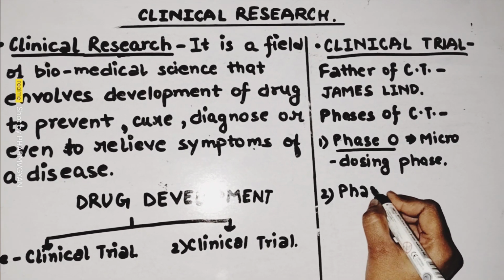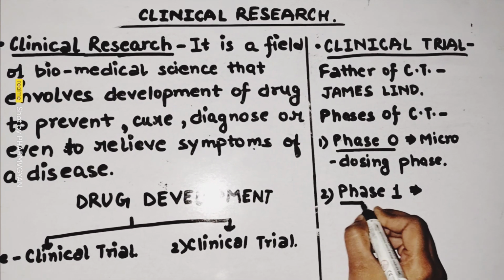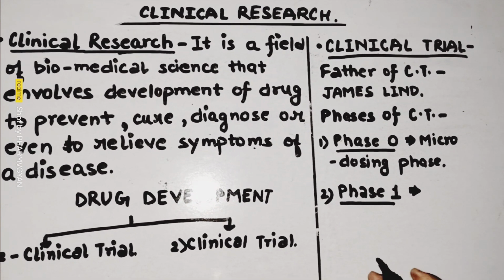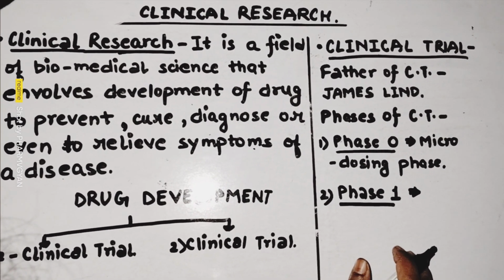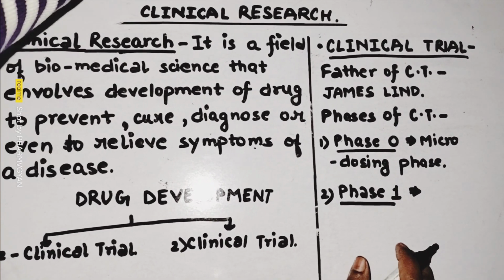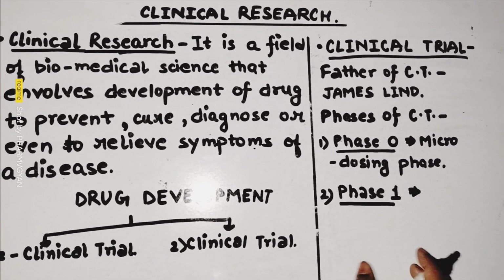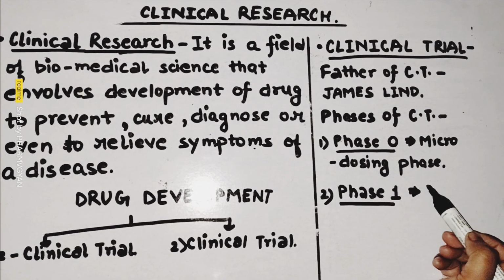Phase 1. What are the phases of clinical trial? Phase 0, phase 1, phase 2, phase 3, phase 4. So phase 0 is also known as microdosing phase.